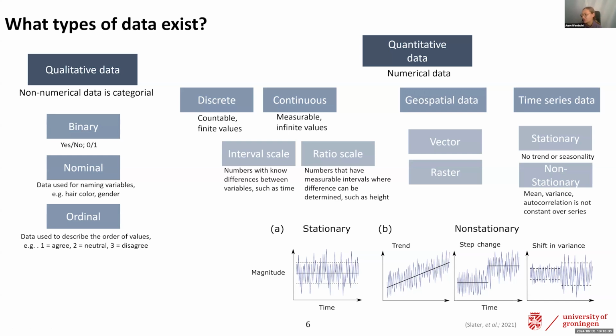And all these different data types also define which statistical methods you can apply, because statistical methods have certain assumptions about your data that you need to be aware of. So basically, stationary data is defined as having no trend or seasonality in the data, and if you have non-stationary data, it means that you can't really have a constant mean, variance or autocorrelation over the time series.